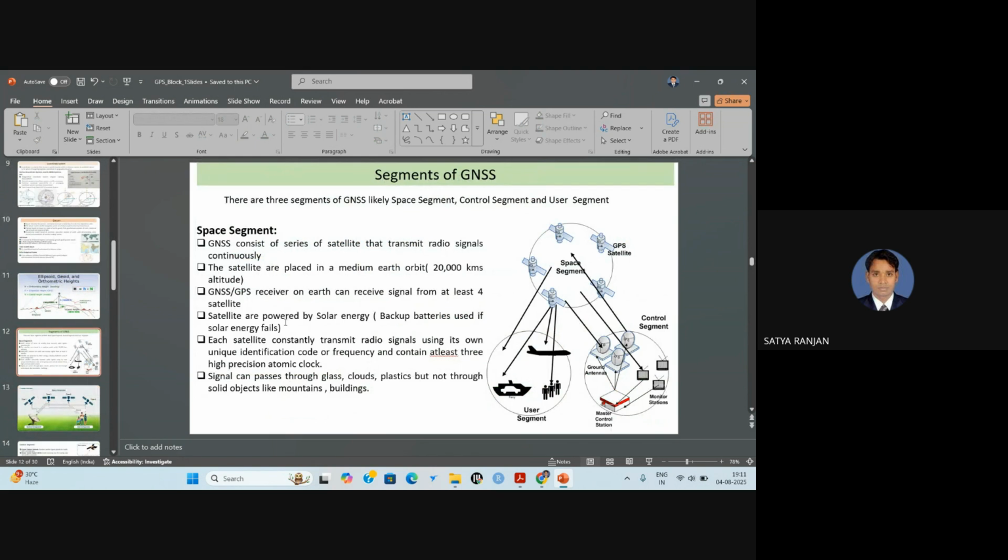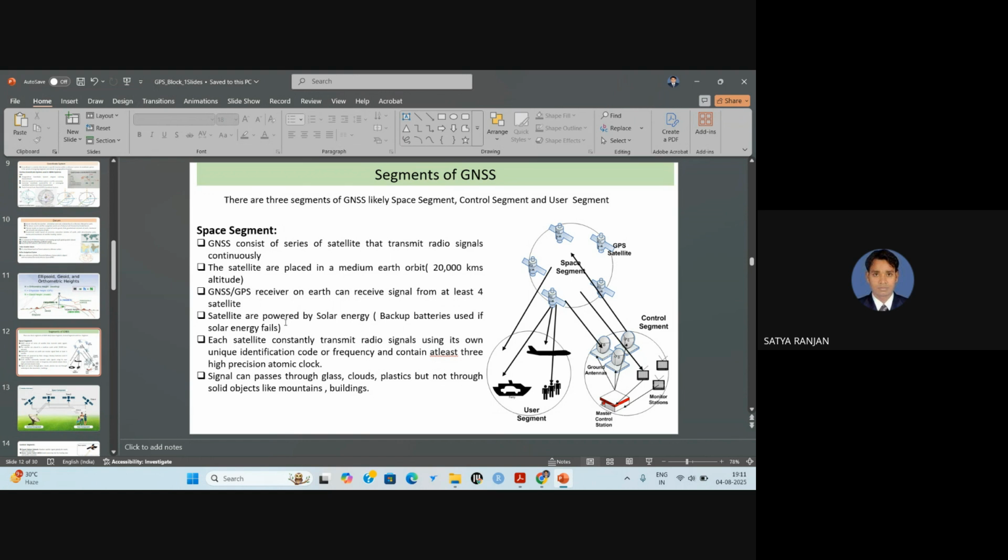Then the segments of the GNSS system. There are mainly three segments of GNSS, that is the navigational satellite system: one is the space segment, then the control segment, then the user segment. Generally in the space segment, all the GPS satellites are there.